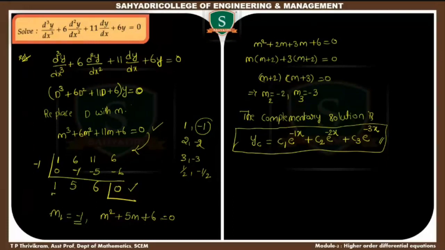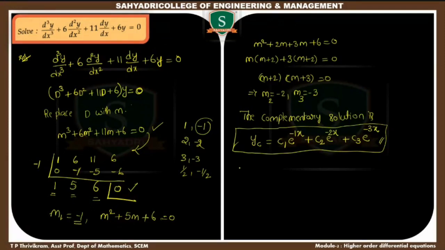So this is the quotient of m square, this is the quotient of m, and this is the quotient of the constant. Fine. And dividend is m1, right? This is m1.